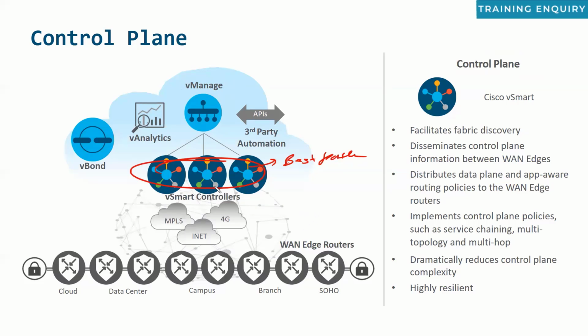Also, you can perform route filtering, because it has all of the routes in its database table. You can do route filtering or path manipulation. You can change your topology, like making hub and spoke, and those policies will be implemented by the vSmart, because it is working as the control plane.